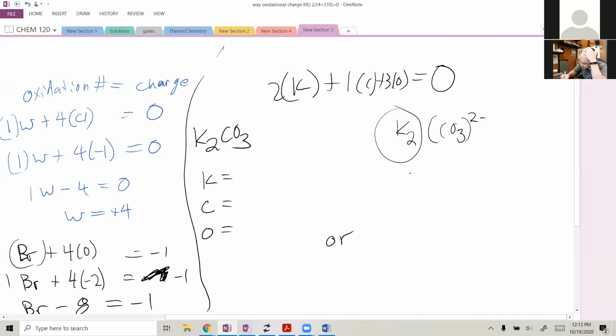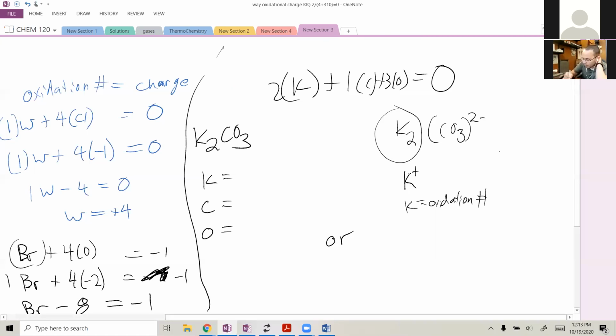So if potassium needs to be a +1 ion in order to balance out the carbonate, the potassium oxidation number should be what? It should also be a +1.